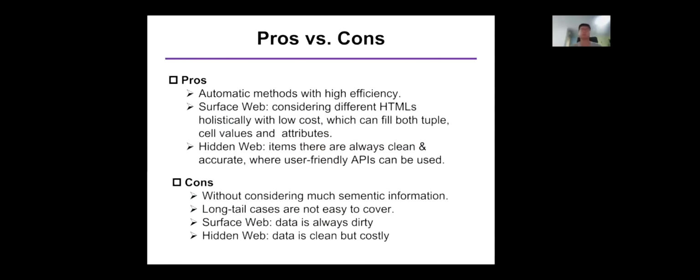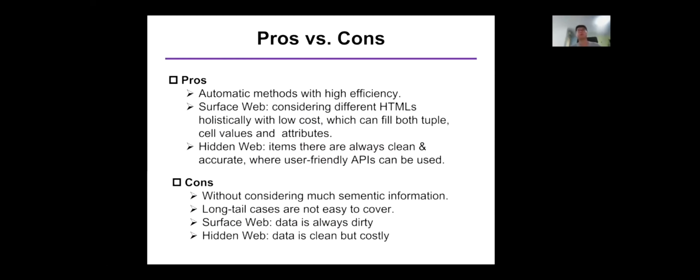So let's see the pros and cons of the discovery from the web. The pros are, first, they are automatic methods with high efficiency. And concretely, the surface web considers different HTMLs holistically with low cost, which can fill both tuple cell values and attributes.